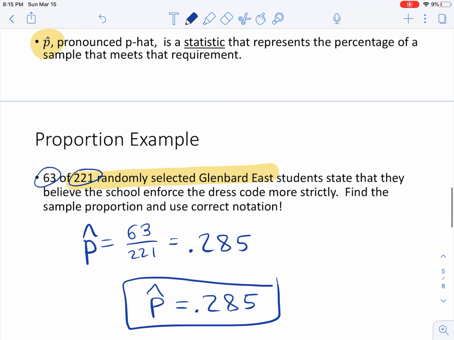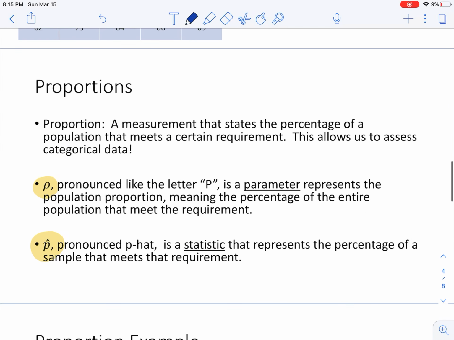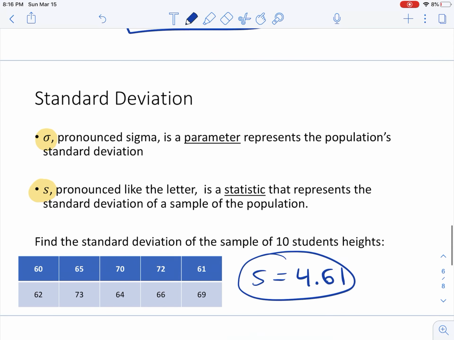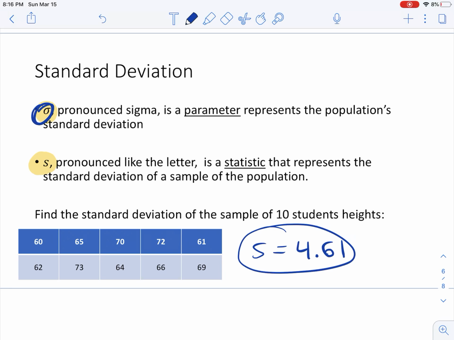Then we learned in proportions, which are percentages for the population, that p represents the population percentage or proportion, where p hat represents the sample percentage or proportion. And then finally, we learned with standard deviation that sigma represents the population standard deviation, where S represents the sample standard deviation.